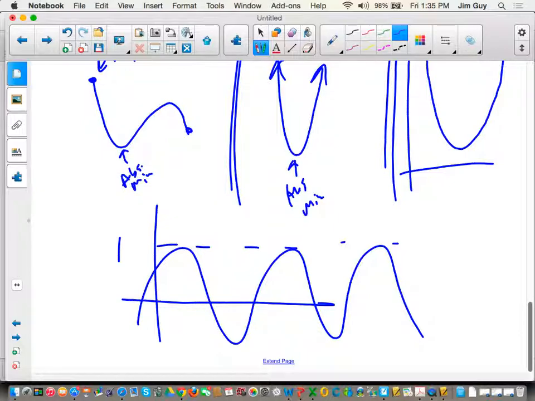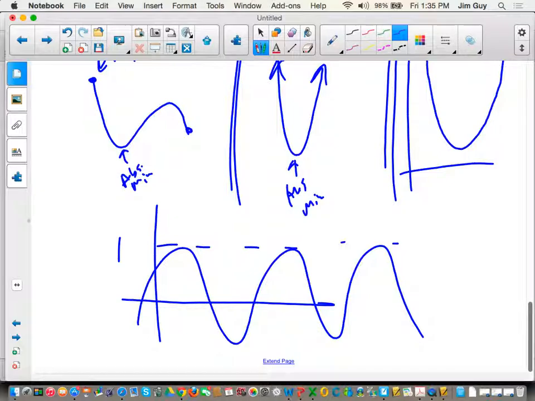It is the maximum value. If they say, what's the absolute maximum value? Don't forget that's a y value. They're not asking you where does it occur. They say, what is it? It's 1. If they say, for what x values does it have an absolute maximum, you could have multiple. And then maybe you would have to say, 2k plus pi or whatever, something like that.